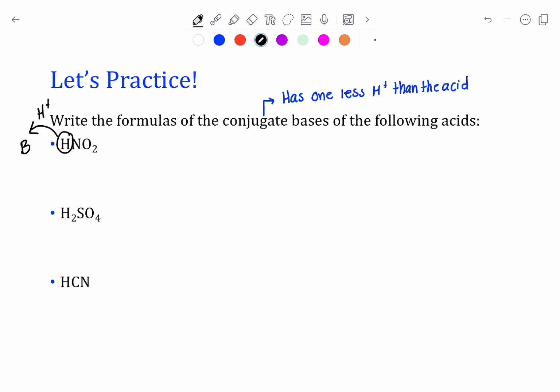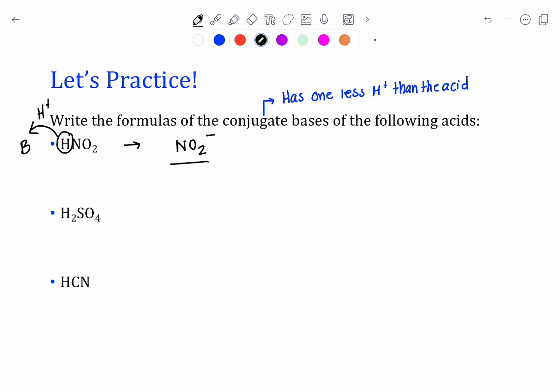So if I remove an H+, my conjugate base is then going to have the same formula minus one of those hydrogens, but it's also going to have a negative charge because I've removed a proton only, not an electron. So now I have an excess of electrons in my conjugate base. So I've removed a positive charge, so I'm going to end up with a negative charge in order to have charge balance on either side of my arrow. So our conjugate base is then NO2 minus.